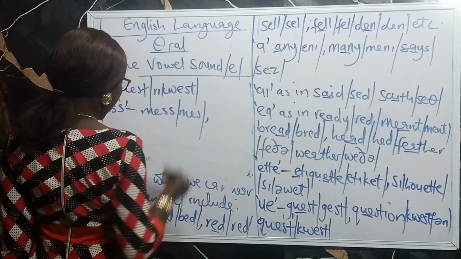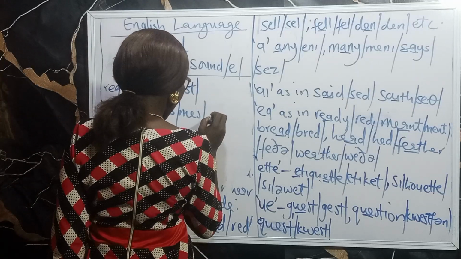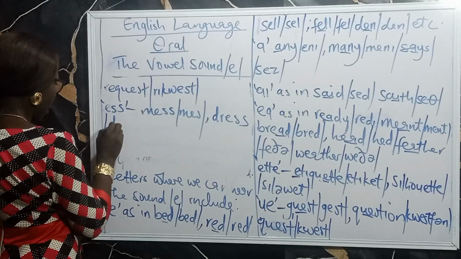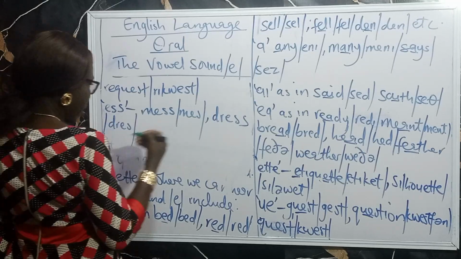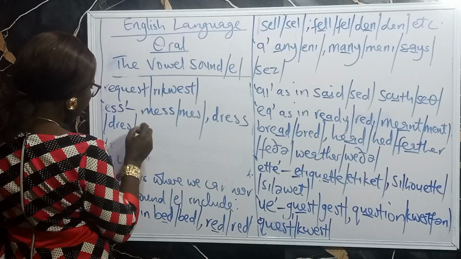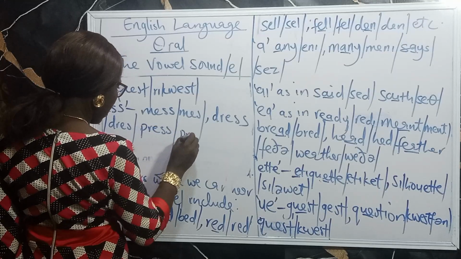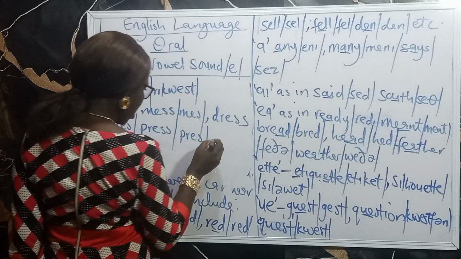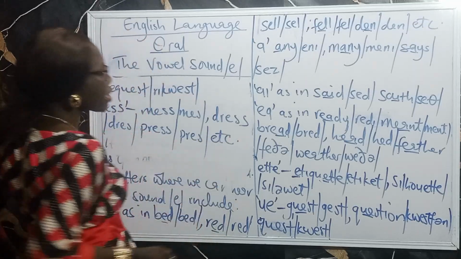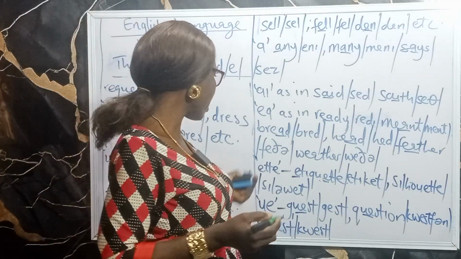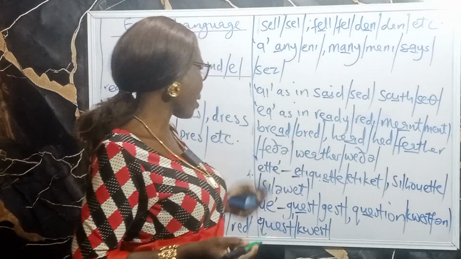You can also see it in dress. You can hear it in press, and so on. So these are letters and the words that contain the sound e.